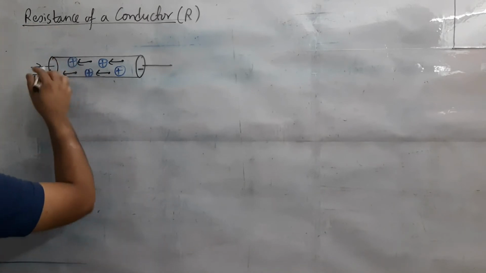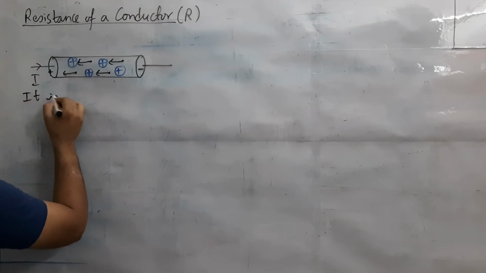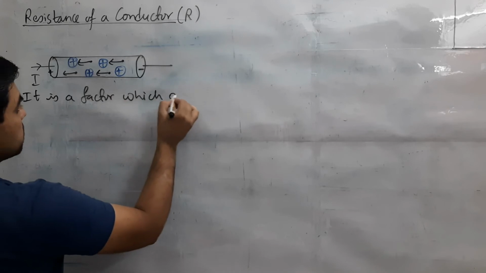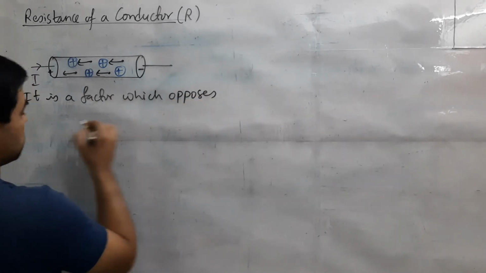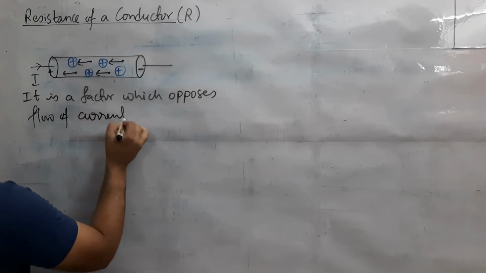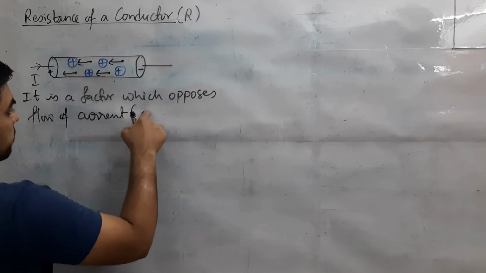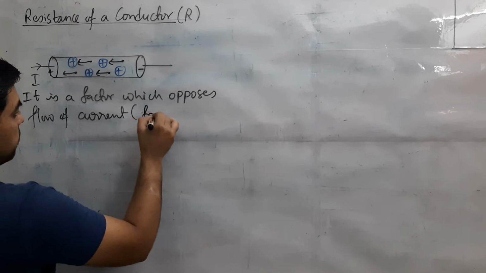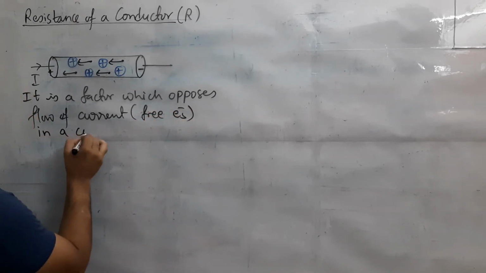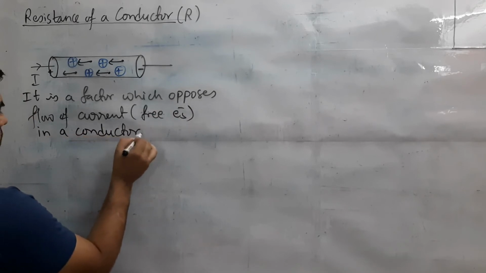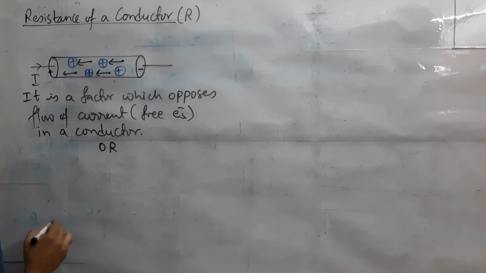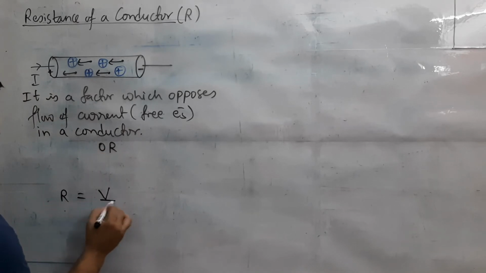So we can say it is a factor which opposes the flow of current or free electrons in a conductor. This is the basic conceptual definition of the term resistance. Another form we have is R equals V upon I also.